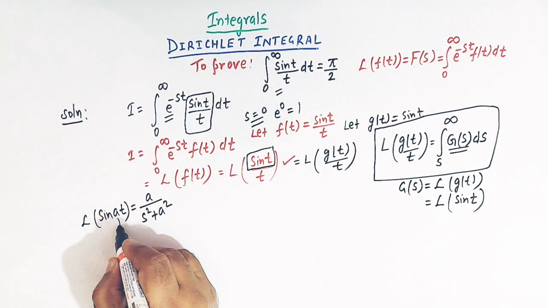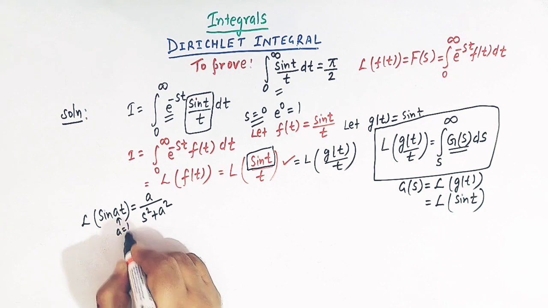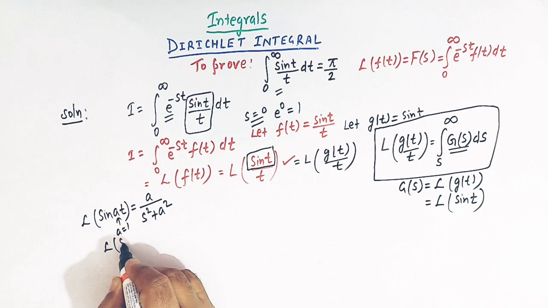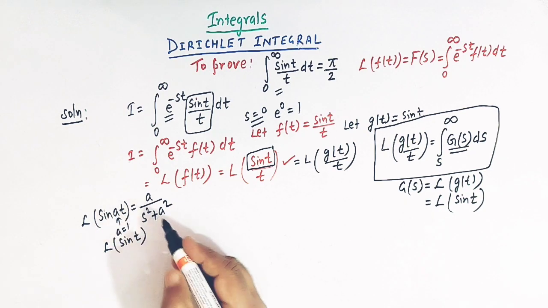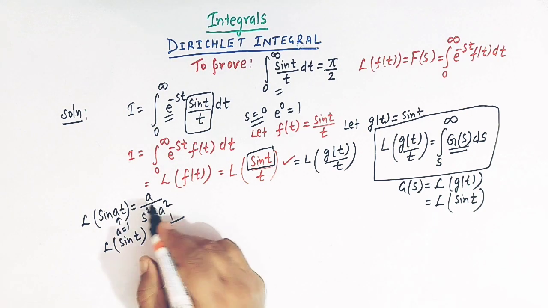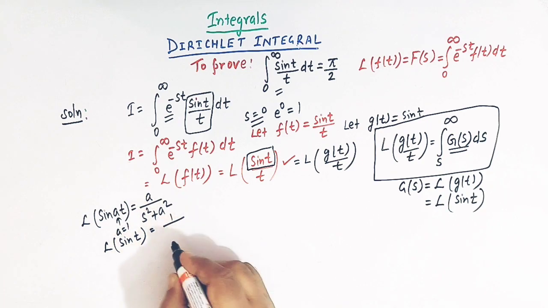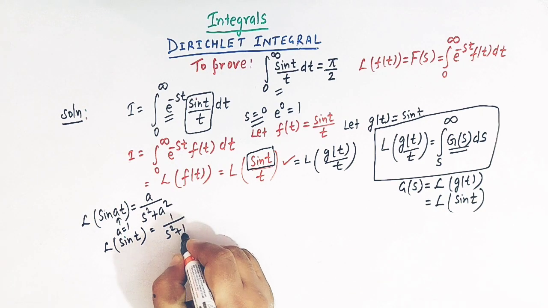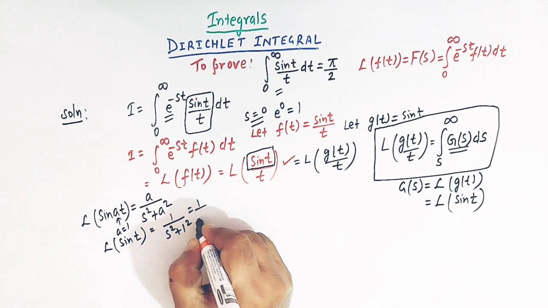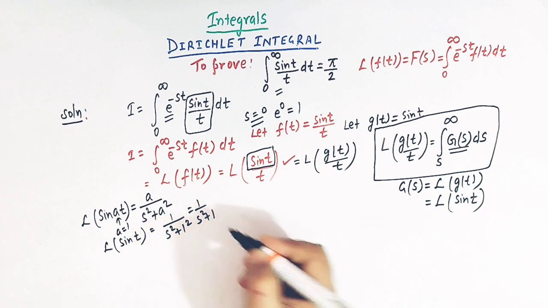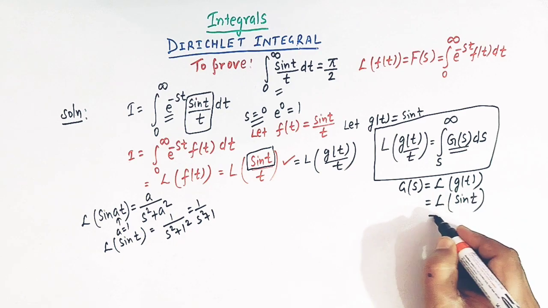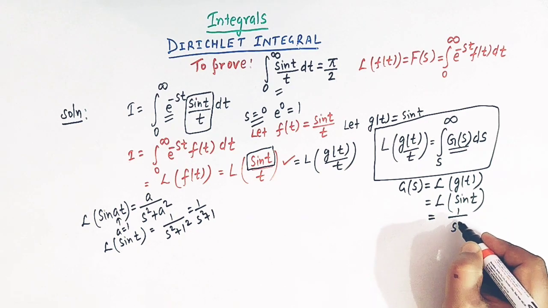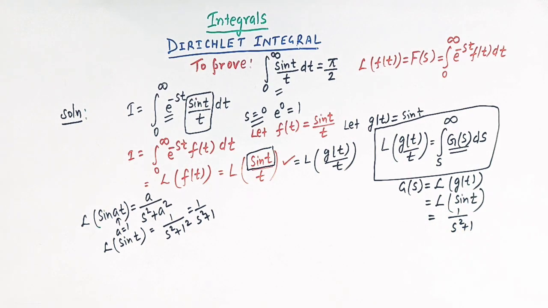And if we take a is equal to 1, then we have s square plus 1 square, that is 1 over s square plus 1. So the Laplace transform of sine t is 1 over s square plus 1, right?